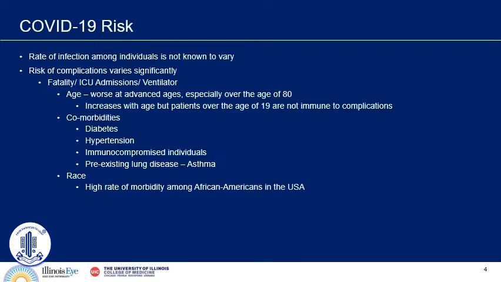The rate of infection among individuals is not known to vary, meaning that there doesn't appear to be a predilection for patients who have comorbidities or are immunocompromised.